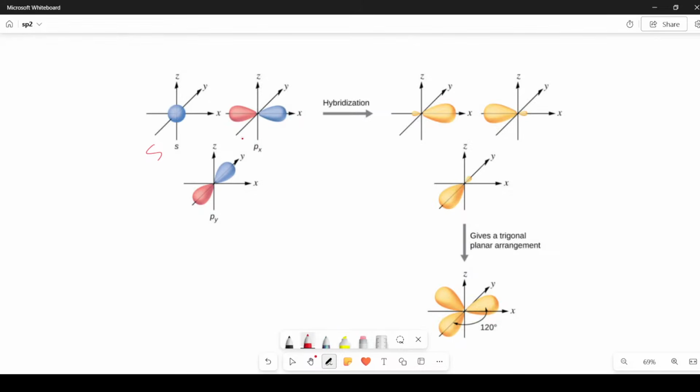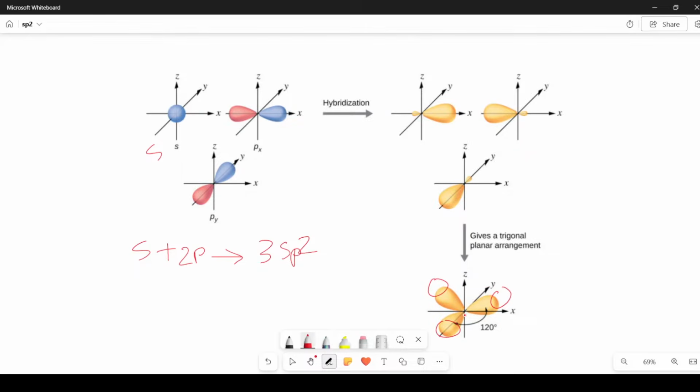Remember here, you have px and py hybridized to create sp2 hybridized orbitals. So that means 1s plus 2 of the p orbitals generate 3 hybrid orbitals, 3 sp2 hybrid orbitals. As you see, there are 1, 2, 3.